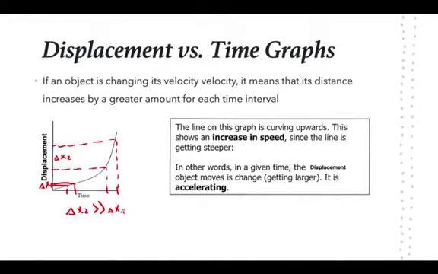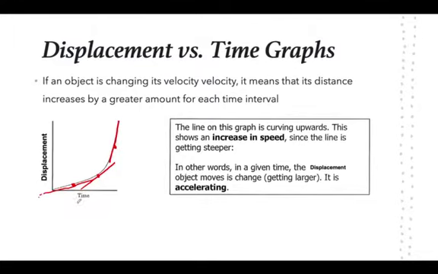Another way that we can prove this is by looking at the slope of the tangent line at certain points. If I look at the slope of the tangent line here, I would see this line. If I go over here, I would see this line. And if I go here, I would see this line. So this is the slope at one point, the slope at the second point, and the slope at the third point.